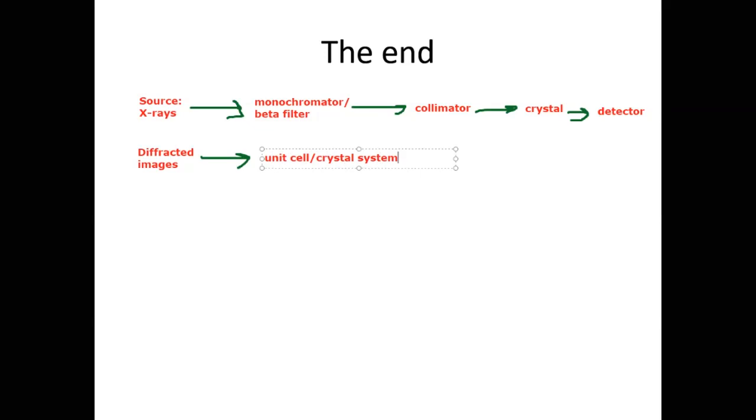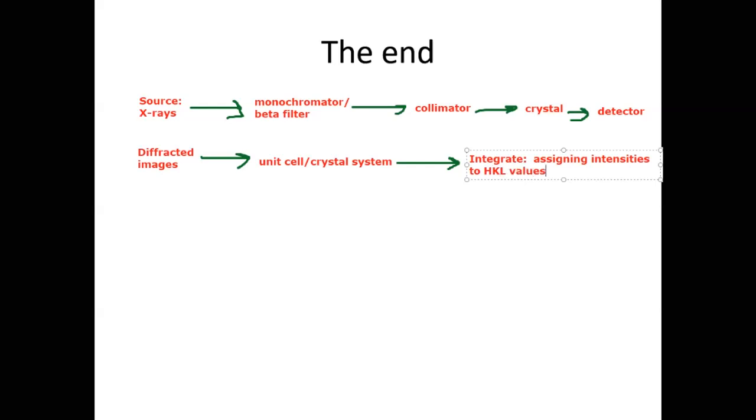So you can determine the lattice parameters and crystal symmetry from the diffracted images. We then integrate, and what we're doing when we integrate is assigning intensities to HKL values.